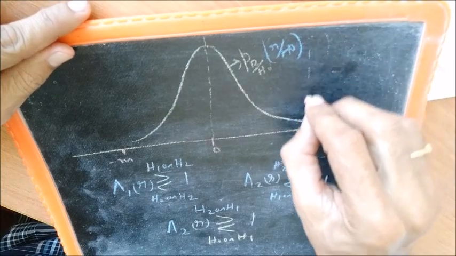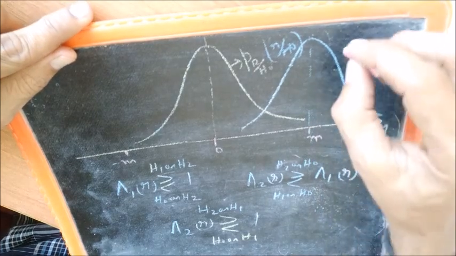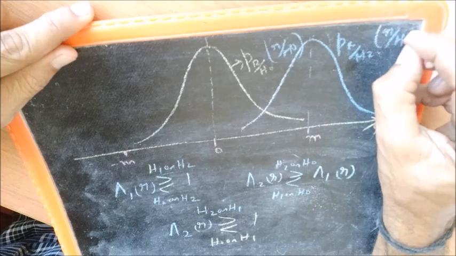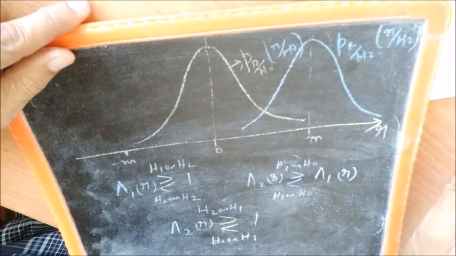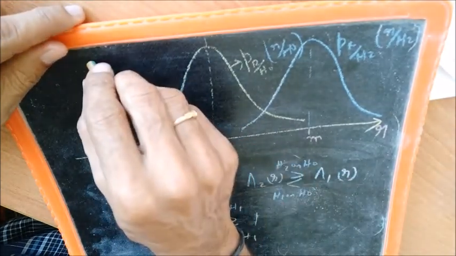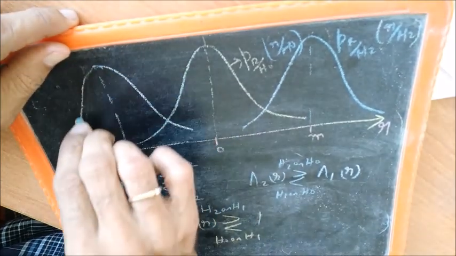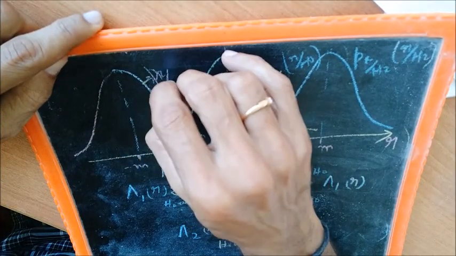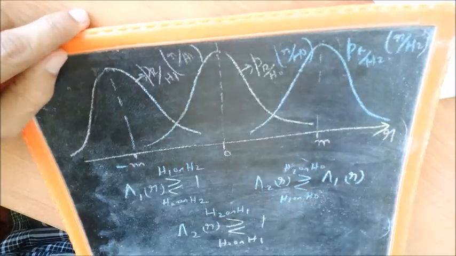And this is PR given H2. It has a mean m, and this is PR given H1. They are all of the same spread because sigma is the same, the variance is the same. This is PR given H1, its mean is minus m.